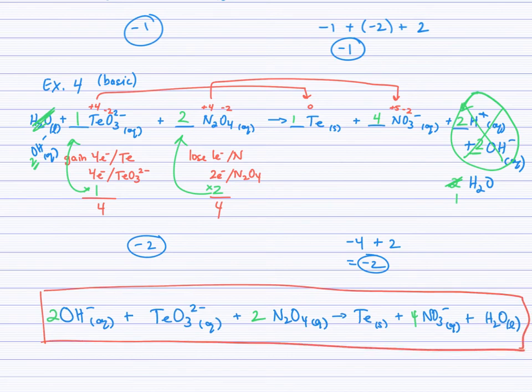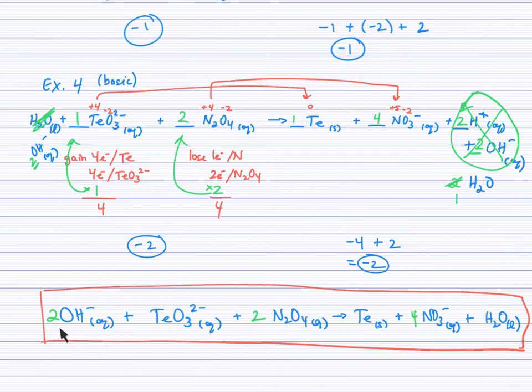So let's check that we're balanced for mass and charge. So looking at oxygen here, there's 2 here, plus these 3 is 5, plus these 8 is 13. We come over here, 4 times 3 is 12, plus 1 is 13. Perfect. 2 H's, 2 H's. 1 Te, 1 Te, 4 nitrogens, and 4 nitrogen.